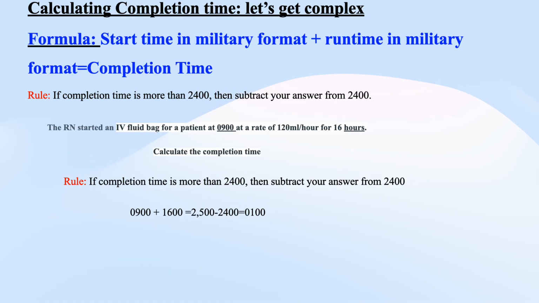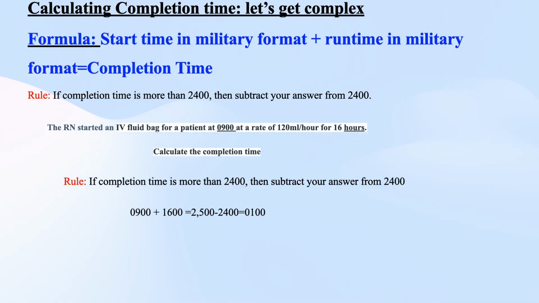So let's see if it makes sense. What is this saying? If I start running an IV at 0900 and it ran for 16 hours, I'm going to finish sometime at 0100. So if 0900 is in the morning, 9 o'clock a.m., assuming I'm working 12 hours, after 12 hours, I'm going to go home.